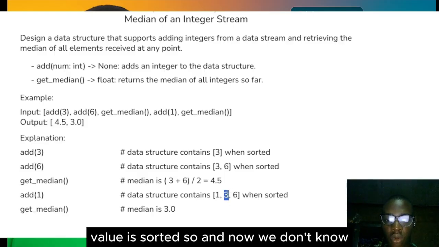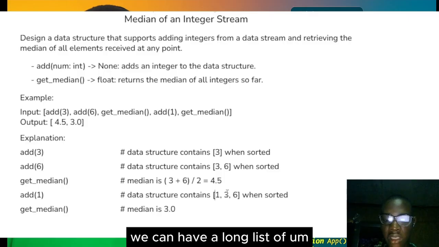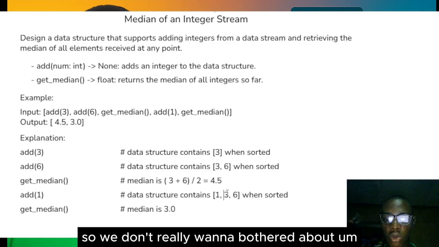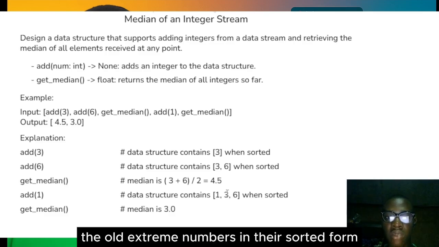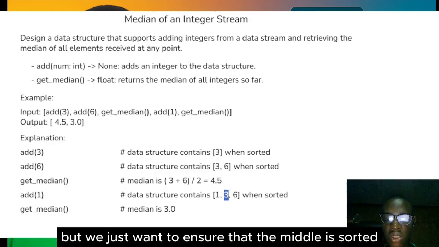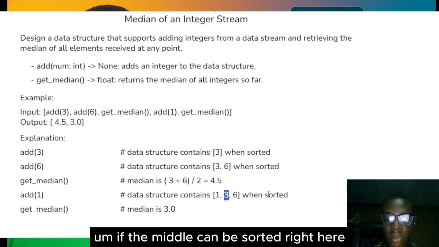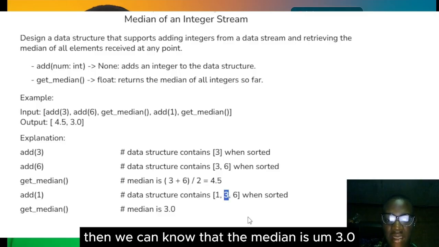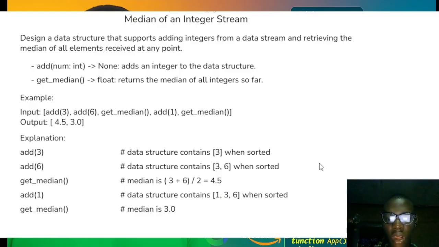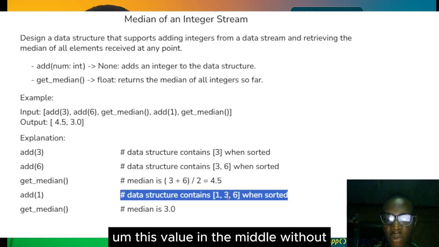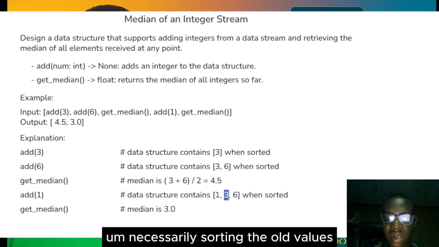We can have a long list of values in the integer stream, so we don't really want to bother about all the extreme numbers in sorted form, but we just want to ensure that the middle is sorted. Just like in this case, if the middle can be sorted right here, then we can know that the median is 3.0. But is it possible to actually position this value in the middle without necessarily sorting all the values?